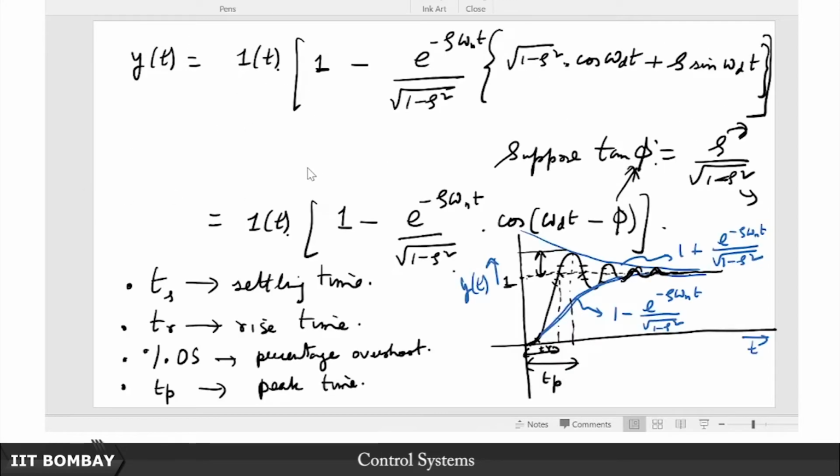If you just cast your attention on the expression which we derived in the previous lecture for the underdamped second order step response, then you see that what we are asking for is the first time that this y(t) attains a value of unity, because we know that the steady state value is unity.